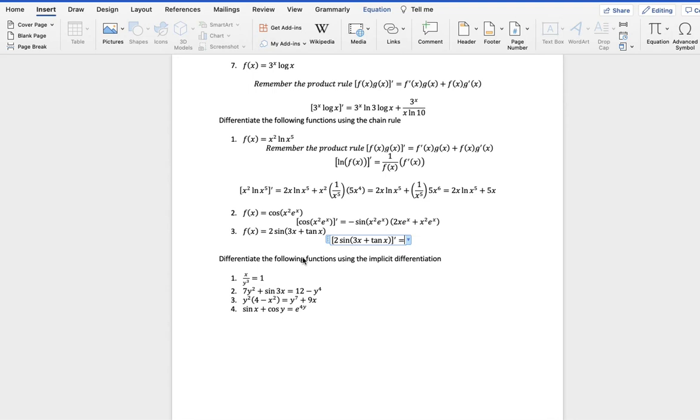Close the bracket, open another set of brackets, 3 plus 6 squared x. Let me start over again for you. So we have 2 cos of 3 plus 10x, close the bracket, open another set of brackets, 3 plus 6 squared x.